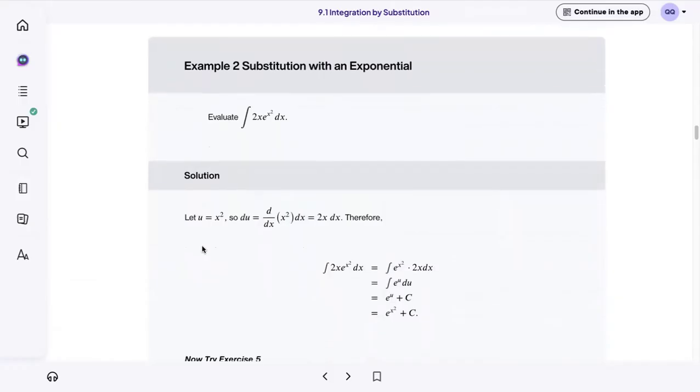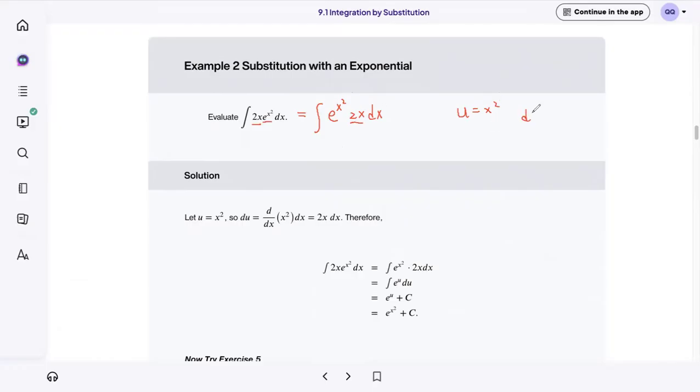Let's see this example. In this case, we see e to the x squared times 2x. If we rewrite this as e raised to x squared, 2x dx, then we let u be x squared because we see 2x here.